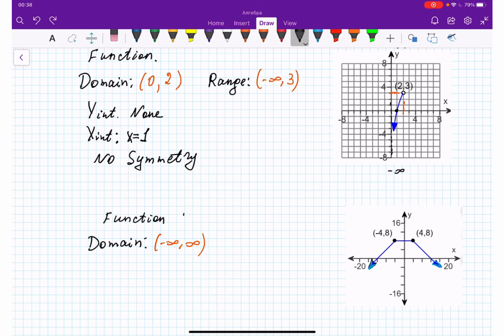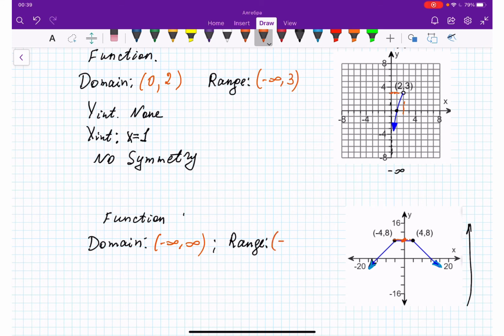Range? What is going to be the value of the range? It's running from negative infinity, but does it run to positive infinity? Of course not. It stops right here, at this point, which is 8.